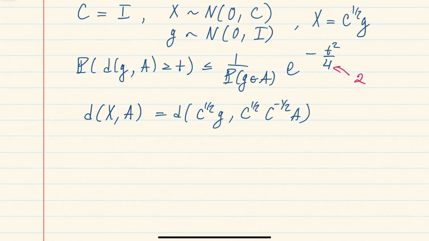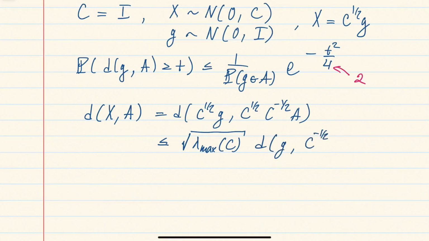And the distance here, when you scale x and y, when you look at the distance between 2 points, when you scale them by this linear transformation, it will grow at most, or it will grow fastest in the direction of eigenvector corresponding to the largest eigenvalue. So at most this will be square root of the largest eigenvalue of c, right, times the distance between g and this set A, times the shifted by this linear transformation.